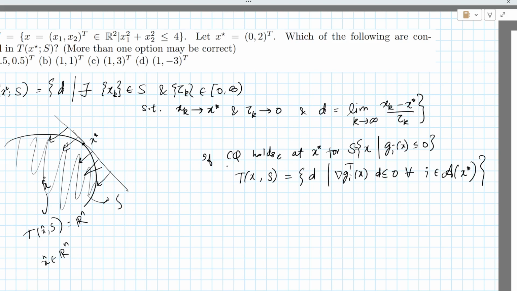And constraint qualification, we had learned one type of constraint qualification, that is LICQ, linear independence constraint qualification, which means the gradients of g_i at x star are linearly independent.